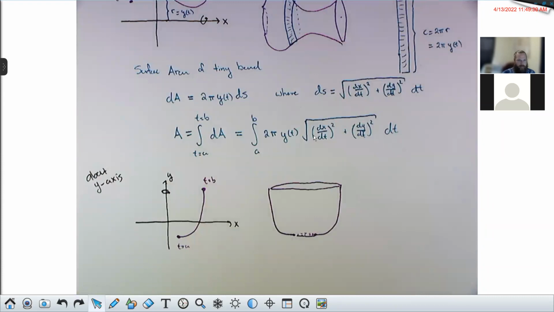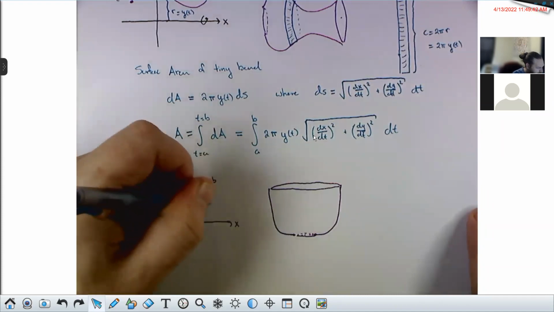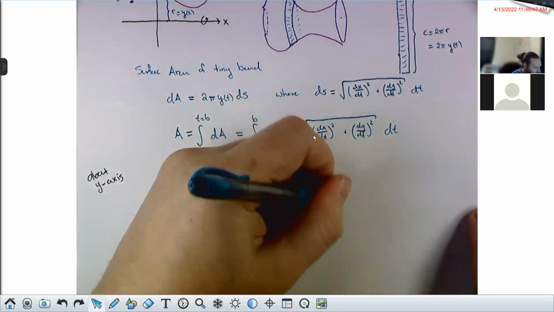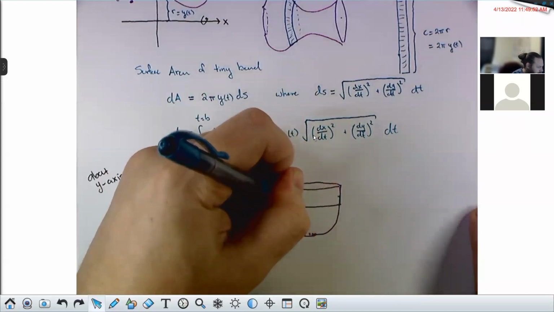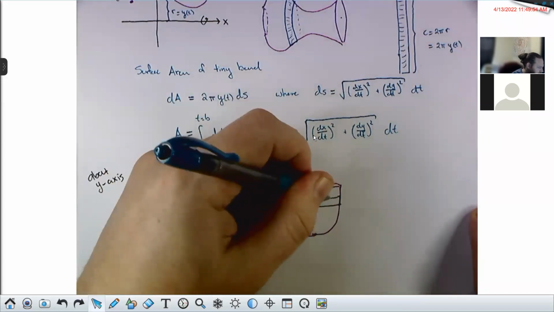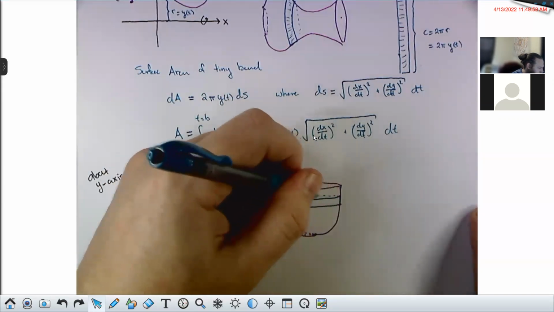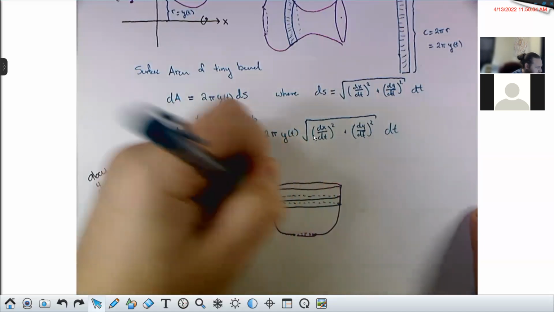And if I wanted to find the surface area for this surface, I do the same thing. I give myself a little segment of arc length along the original curve. Right, this little segment here, which we call ds. That little segment in this picture is here, and it will correspond to a little band of surface area.